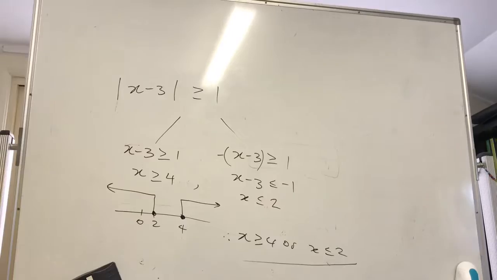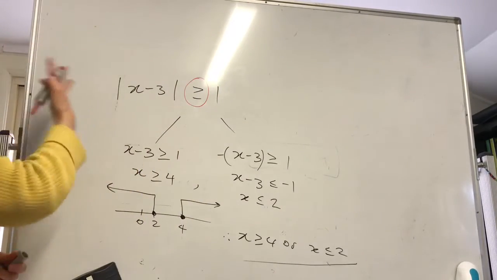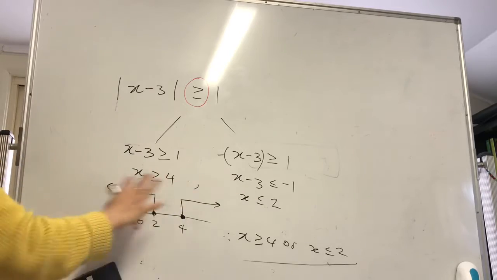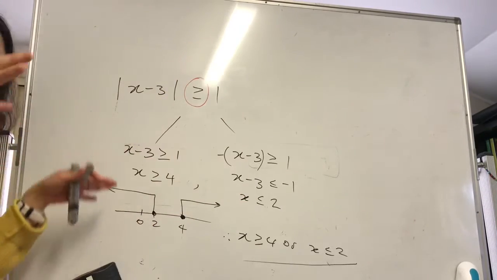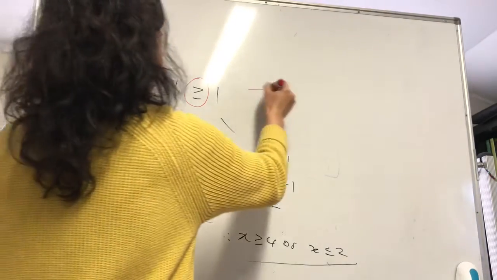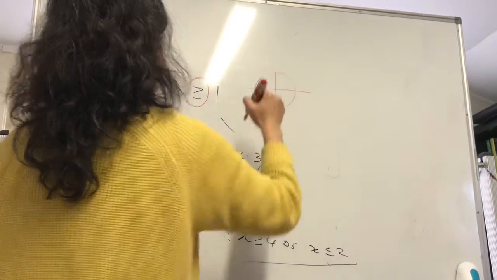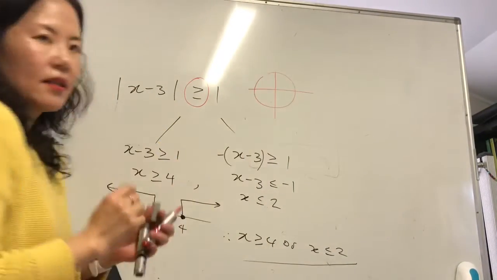X is less than 2. That's your answer. So when you have a bigger than, on your left hand side you have to have 2 cases that separate, whereas a less than 1 is in between. Think of something like a circle. Say the radius is 1 and minus 1.